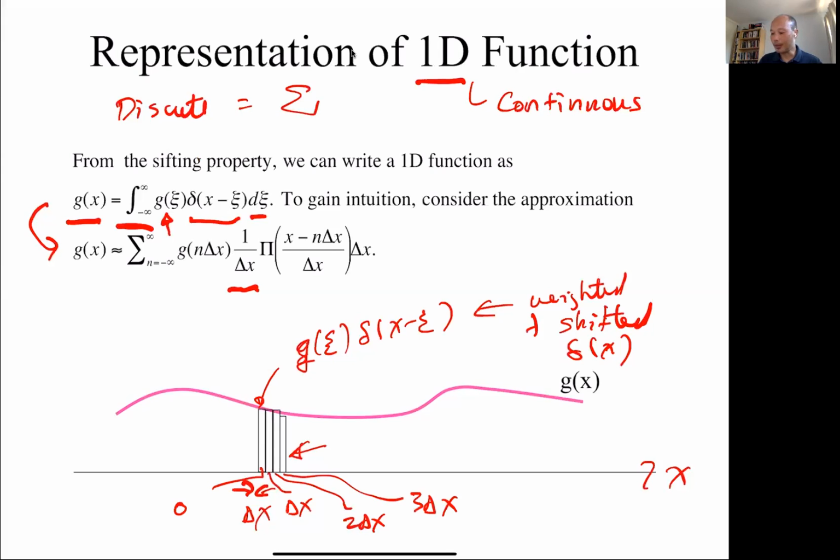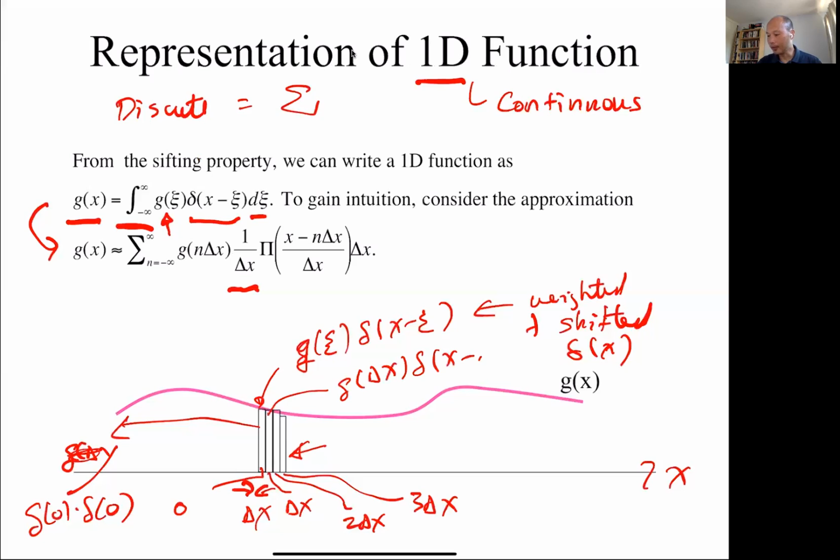Then what we could say is this function here, you could represent it, and I'm just going to use delta function, it's at 0. So it'd be g of 0 times delta of 0. And this next one here, assuming it was in the limit, it would be g of delta x times delta of x minus delta x, right?